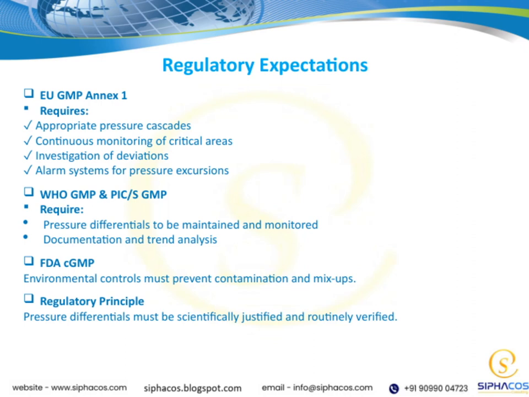Meanwhile, WHO and PICS GMP focus on maintaining and monitoring pressure differentials, backed by solid documentation and trend analysis. The FDA's CGMP emphasizes environmental controls to prevent contamination and mix-ups. Across the board, the principle is clear. Pressure differentials must be scientifically justified and routinely verified.